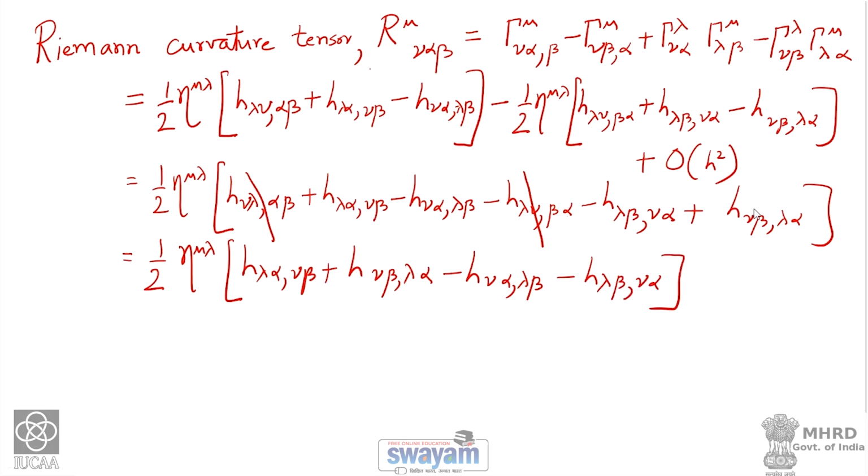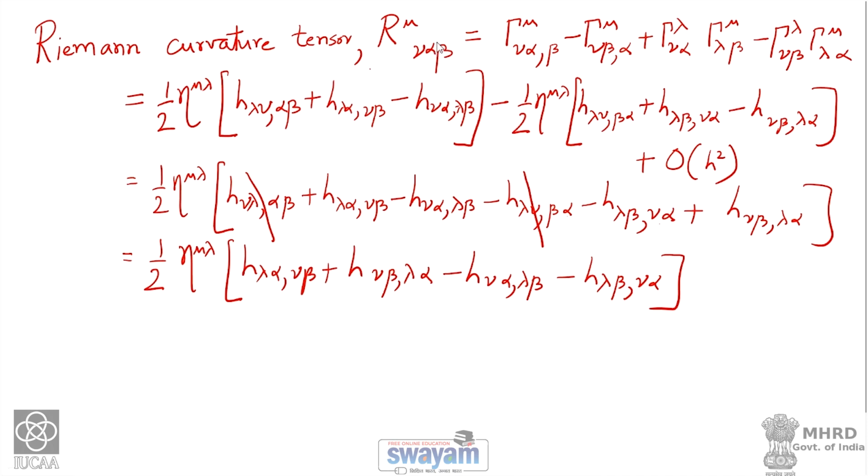So, let us verify whether all the terms have been taken into account. This is this term, this is this term, while the remaining term is this term, and the last term corresponds to this term. Now, note the Riemann tensor of course is antisymmetric in alpha and beta, and we do have the antisymmetry here.